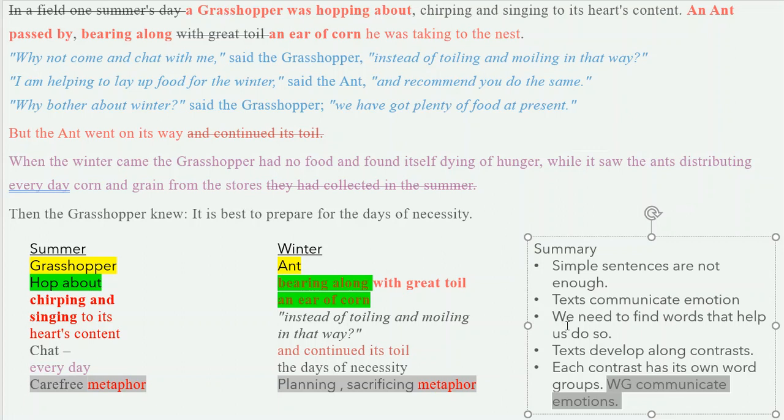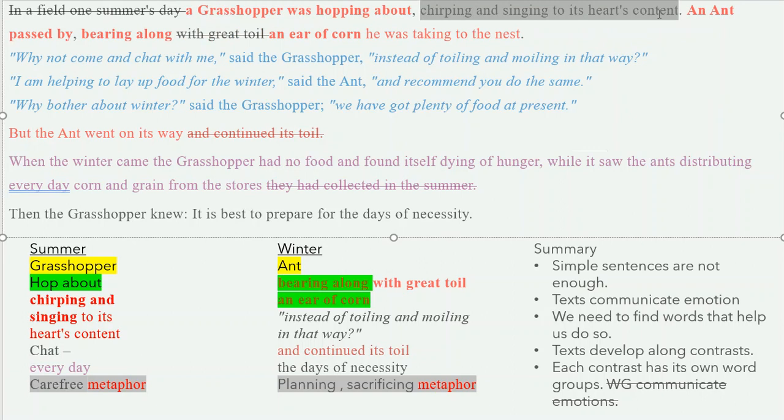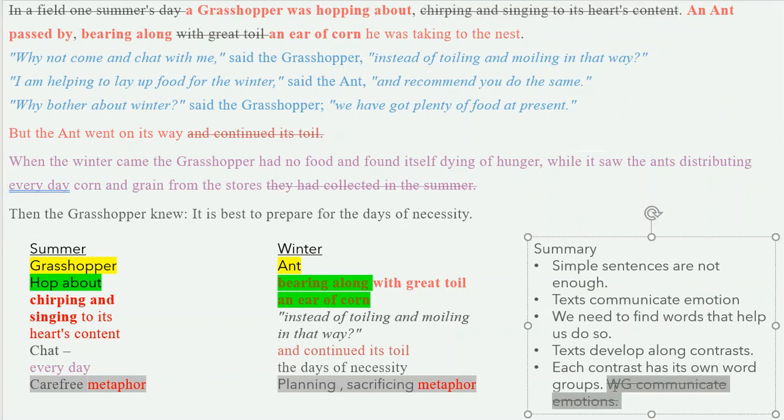The text didn't have to have those word groups, right? We eliminated them here. Great toil, summer's day, here, right? Didn't have to have them, but if it doesn't have them, it doesn't communicate the emotions, and then we are not connecting to this with the story, right?